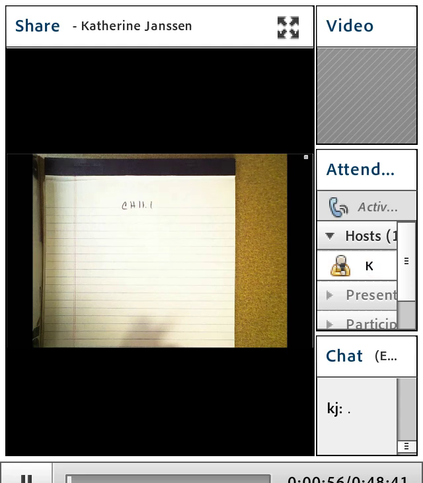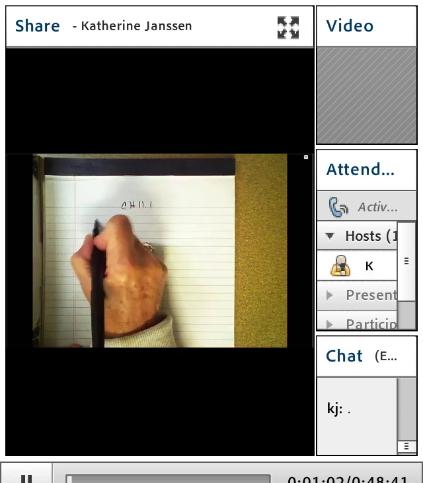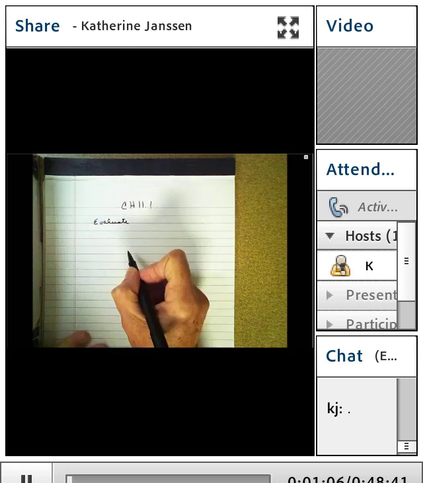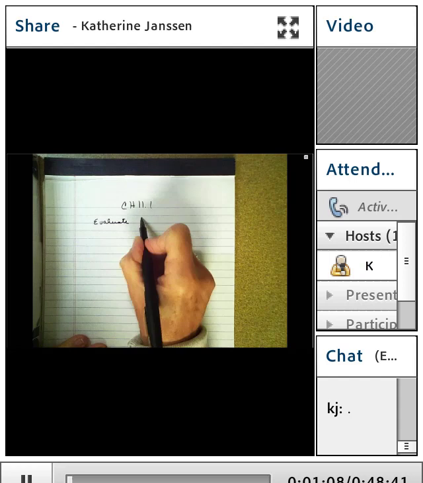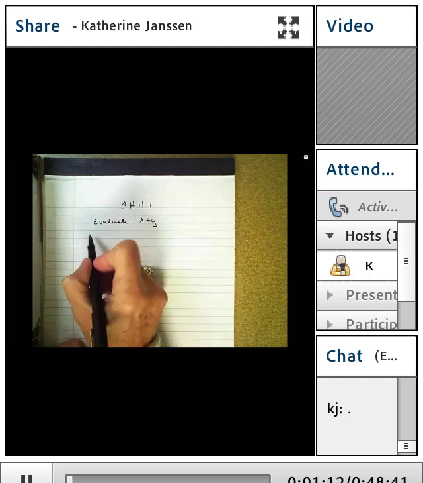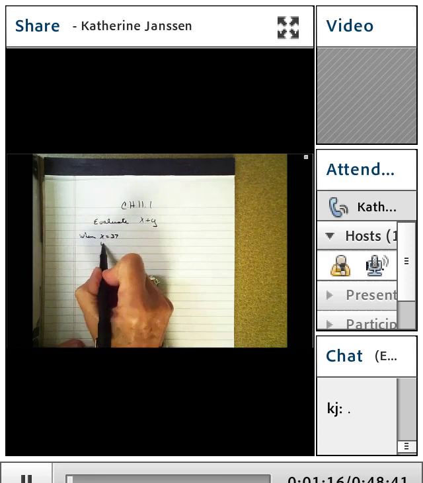And then we look at equations, where we might have something like evaluate x plus y. And we're supposed to evaluate when x equals 37 and y equals 29.